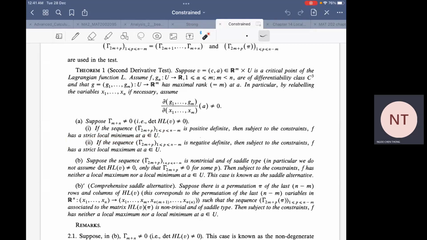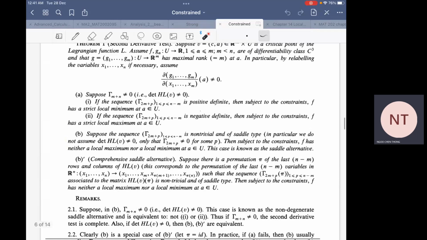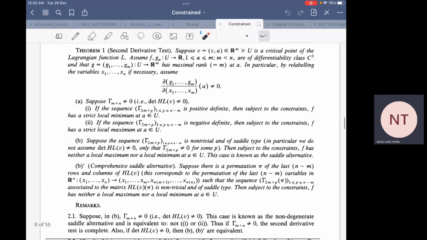For the next one, if the sequence is negative definite, then subject to the constraint f has a strict local maximum. Another is when the sequence is non-trivial. Actually, we can think of this non-trivial as indefinite. So this is the saddle type. We can also say saddle point. In our proof, the author also gives some examples here.